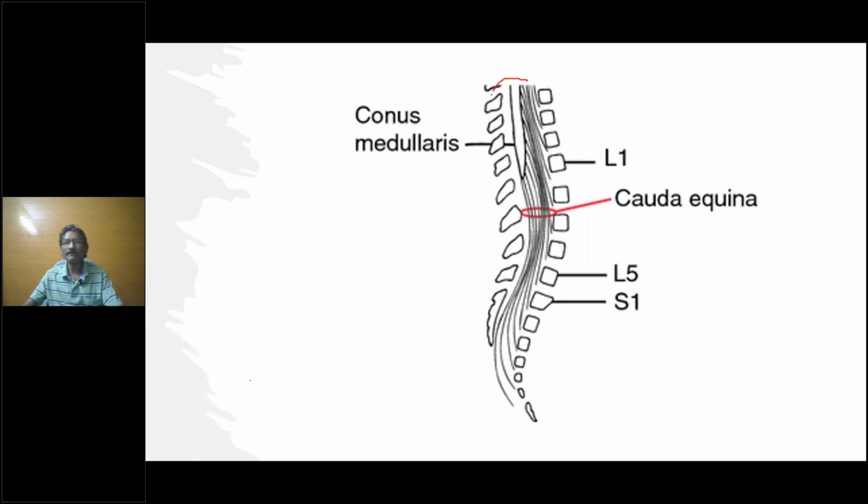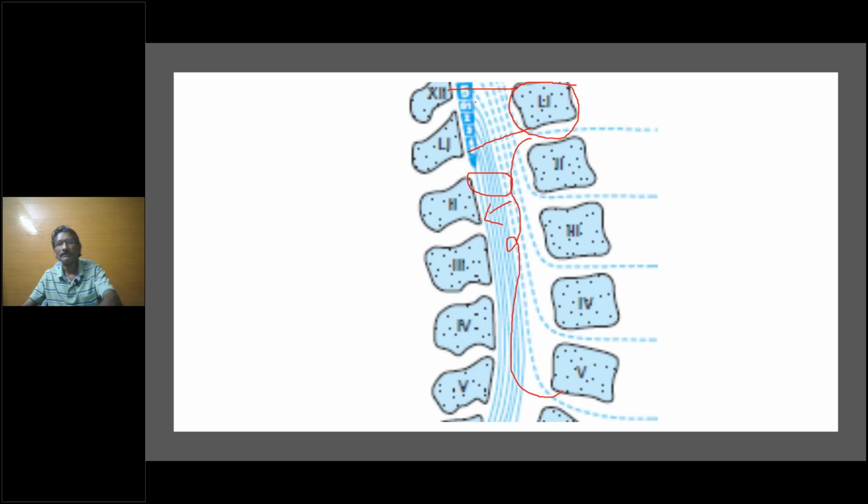What you see here is the conus medullaris. The terminal conical part of the spinal cord is the conus medullaris. Basically, as you have already seen in the previous diagram. So this is the conus.